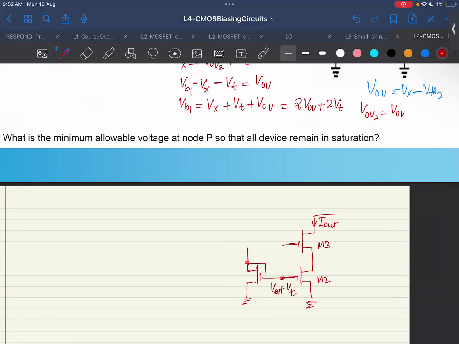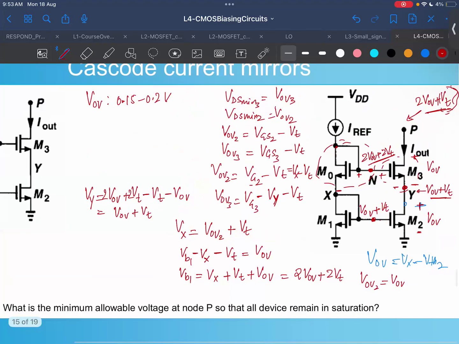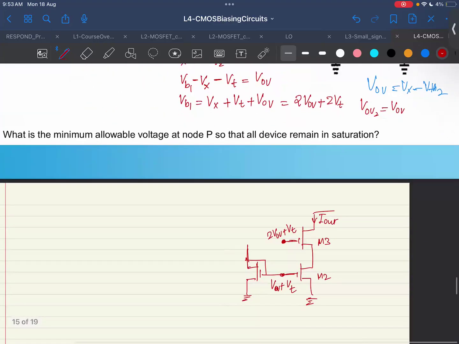Now, the question is that because we have to remove the extra VT, the maximum voltage which I can bear here is 2 VOV plus VT, not 2 VT, right? Because here we were having 2 VT. Because if it is 2 VOV plus VT, then the voltage here would be VOV, whatever I need minimum.